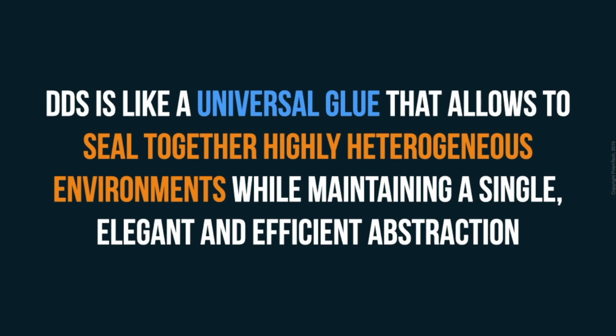And then you can look at DDS as some kind of universal glue that allows you to stitch together highly heterogeneous environments while maintaining just one single, extremely elegant abstraction that allows you to very effectively share data among these systems.